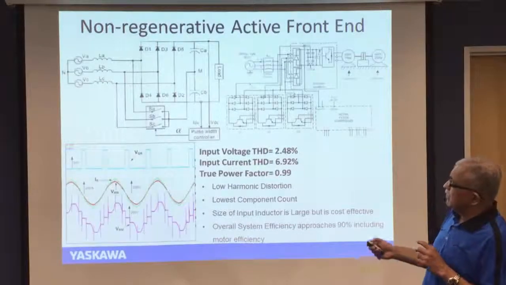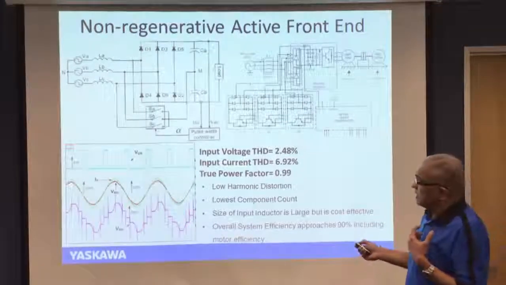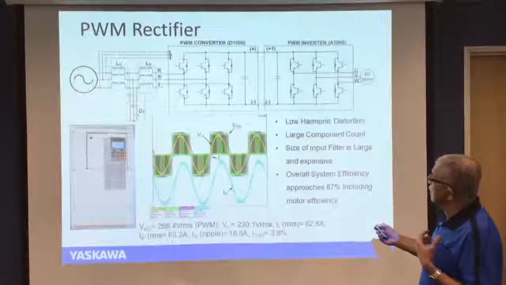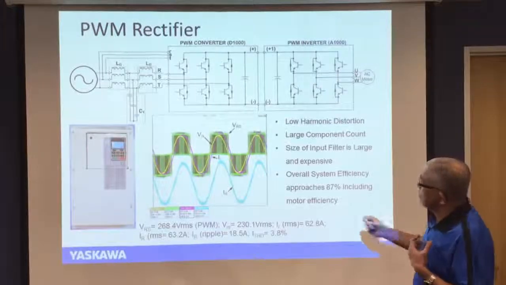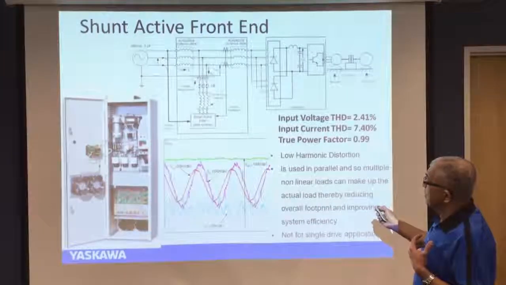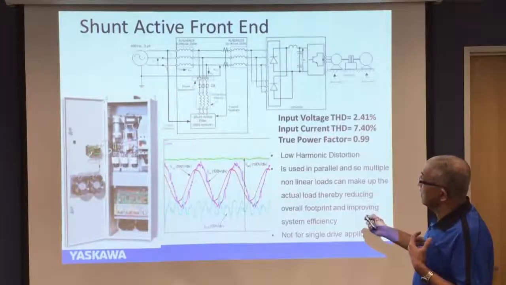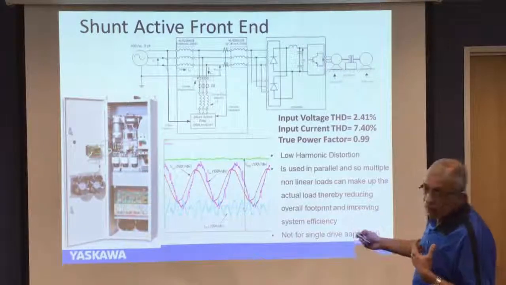The next scheme which I'm going to discuss today is a non-regenerative active front end scheme. In the regenerative schemes, the energy can flow backward also, from the load back to the system. In this one, you cannot have that, because with nonlinear loads in the form of a diode front end, we cannot have energy flow back into the system.